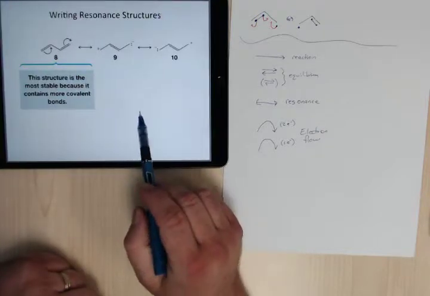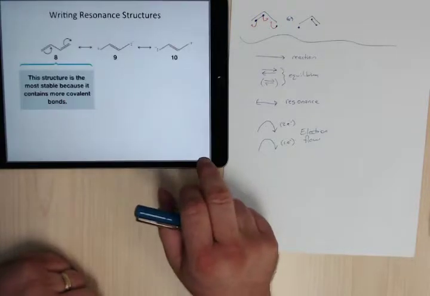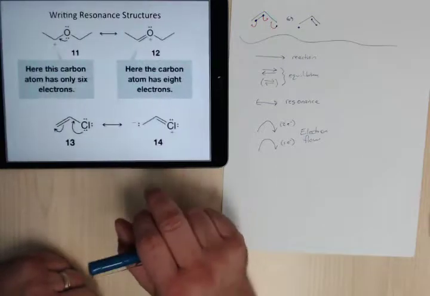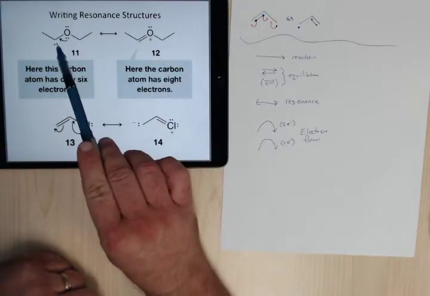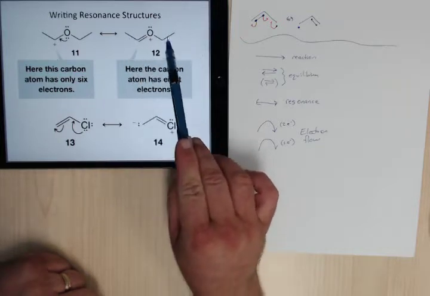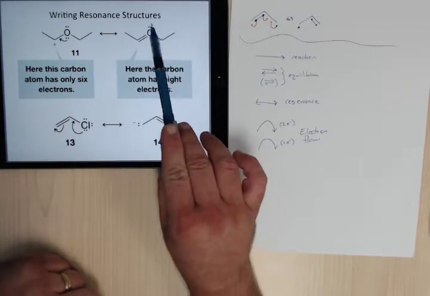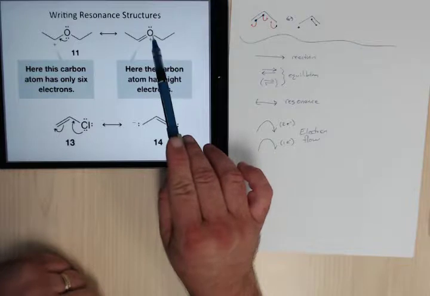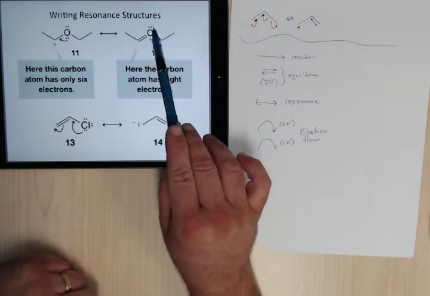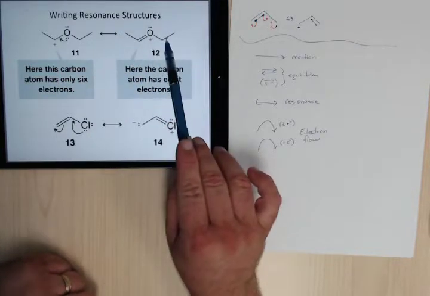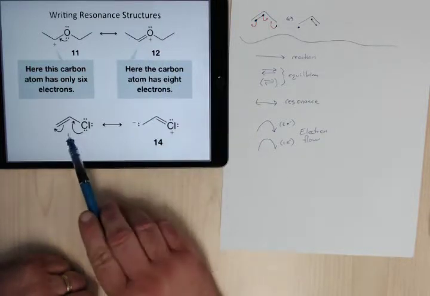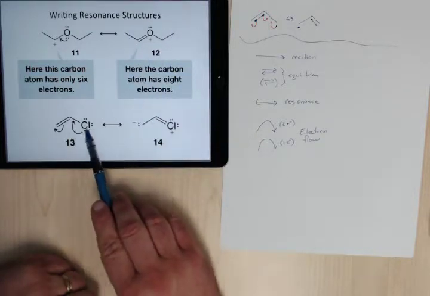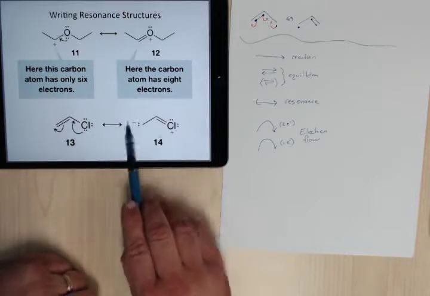Also, when you go from here to here, everybody has their octet filled. Now, the oxygen has a charge, and that could be an issue. But that's okay. So this is probably going to be more stable because everybody has their octet. Here, this is going to be less stable.